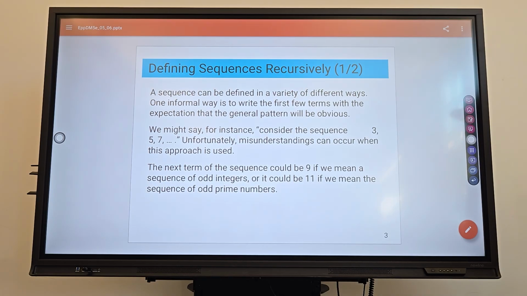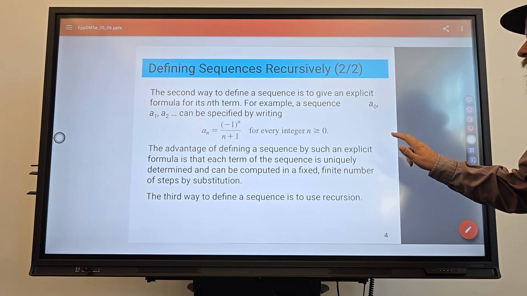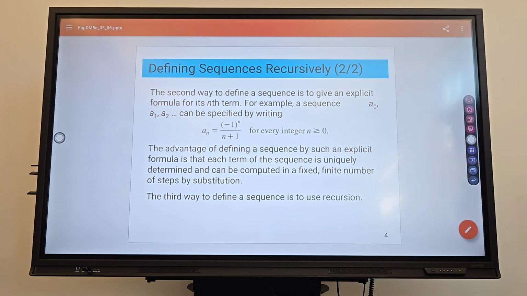Unfortunately, misunderstandings can occur when this approach is used. The next term of the sequence could be 9 if we mean a sequence of odd integers, or it could be 11 if we mean a sequence of odd prime numbers. So the second way of defining a sequence is to give an explicit formula for its nth term.